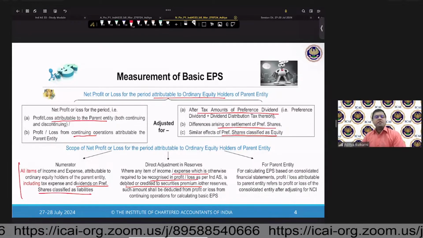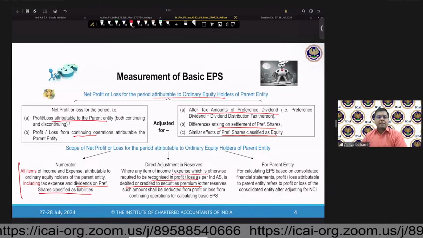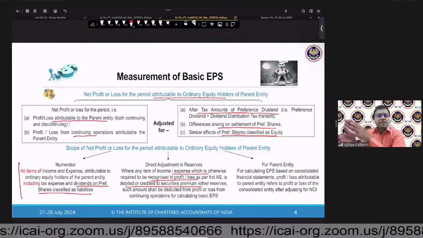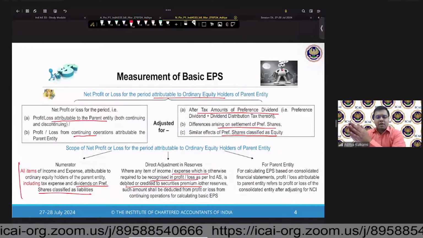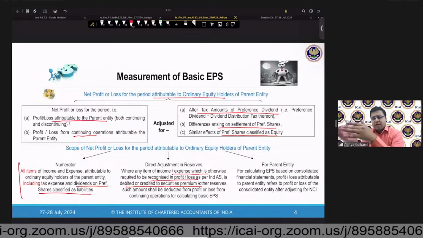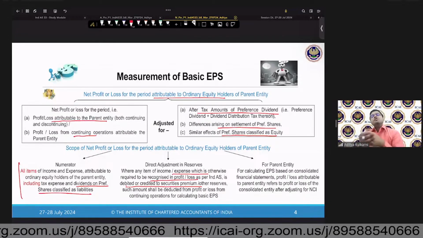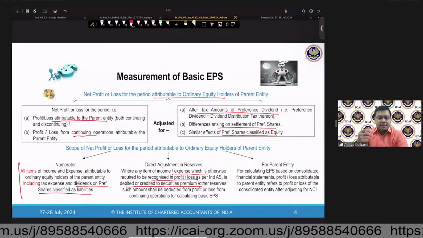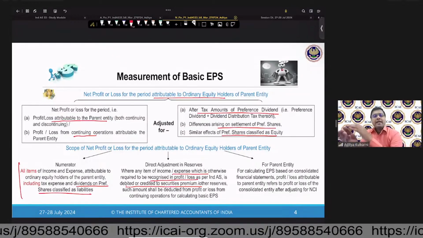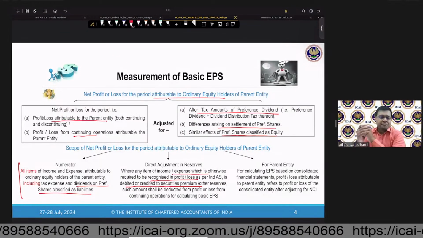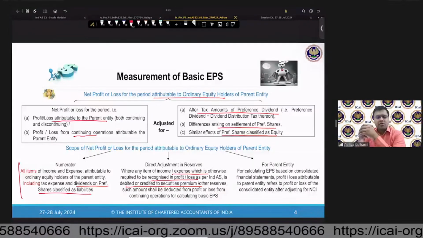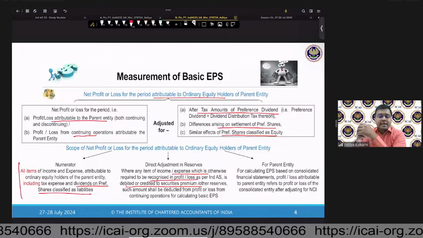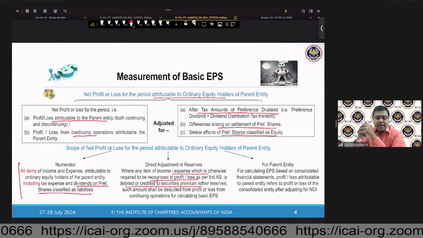But for the purpose of computing EPS, ultimately that surplus that you are giving in the form of premium is money which is not available to the equity shareholder who is subordinate to none in the capital structure, and that is why it has to be deducted from the net profit attributable to the equity shareholder that is computed in accordance with the P&L, right?